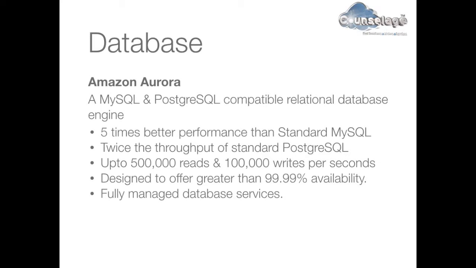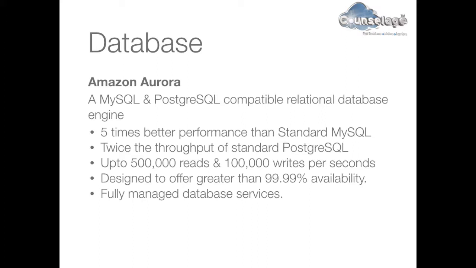Now, Amazon Aurora is a MySQL or PostgreSQL compatible relational database engine that combines the speed and availability of high-end commercial databases with the simplicity and cost effectiveness of open source databases.